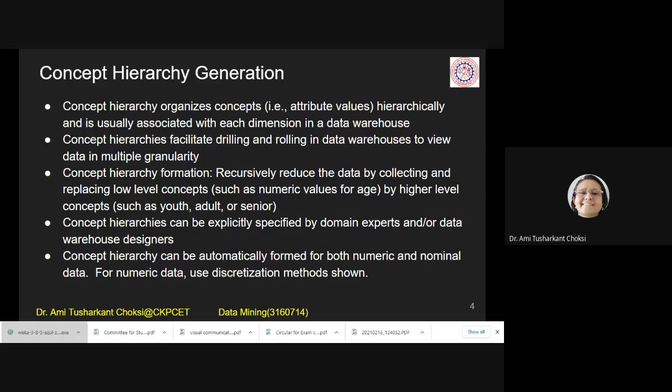So that is the higher level concept, right? Concept hierarchy can be automatically formed for both numeric and nominal data. Right? For numeric data, use discretization methods, isn't it?